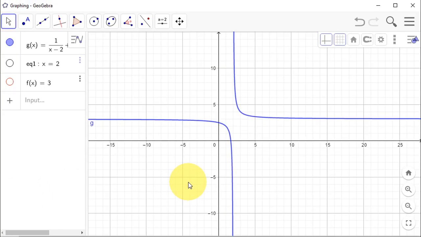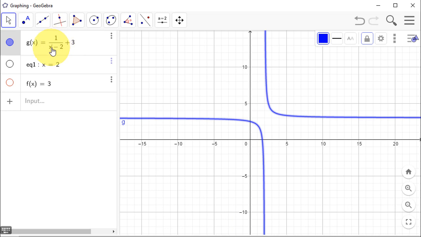Now let's try to understand what happens with the graph of 1 over x minus 2, plus 3. As you can see, this is the same graph as 1 over x, I just moved my axis of symmetry 2 units to the right and 3 units up.